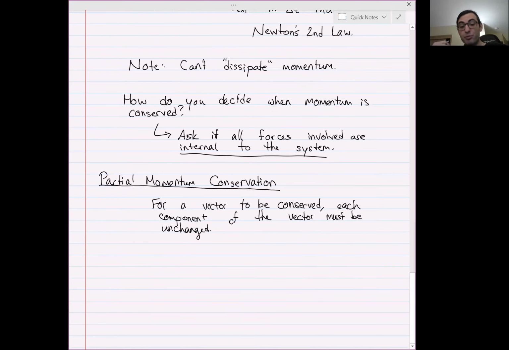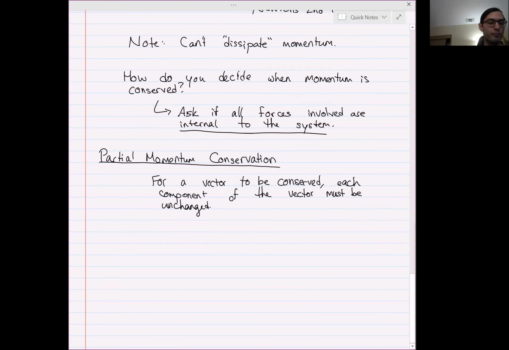Now, because there's three components in general, for any given vector, it's possible that one of the components might not change and the other two might. Let me write it a different way.